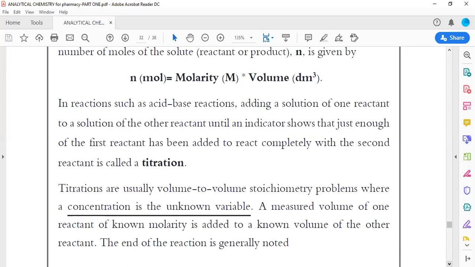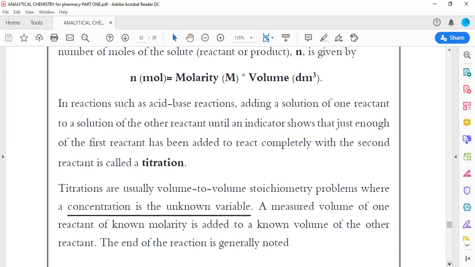So one known, one unknown. When we do titration, we take some volume of the unknown, usually something like 20 cubic centimeters, for example, or 25 cubic centimeters.